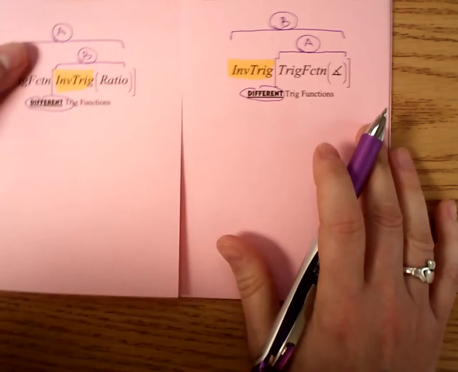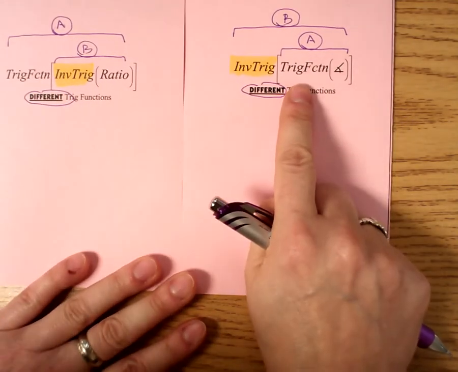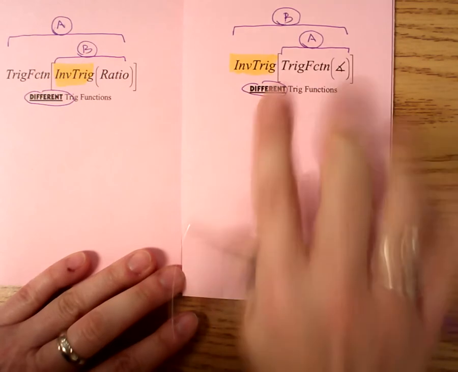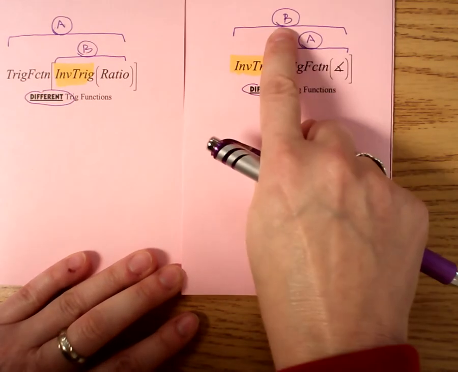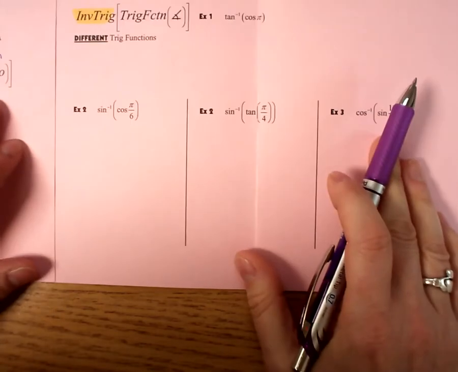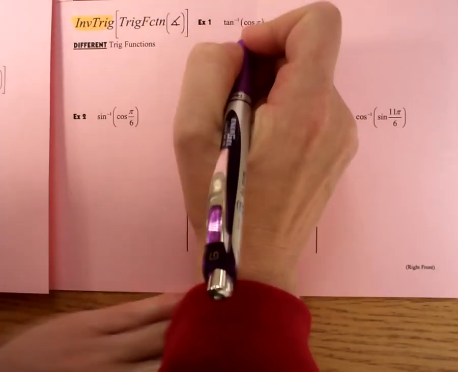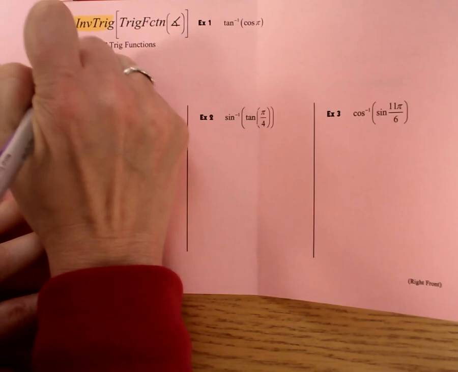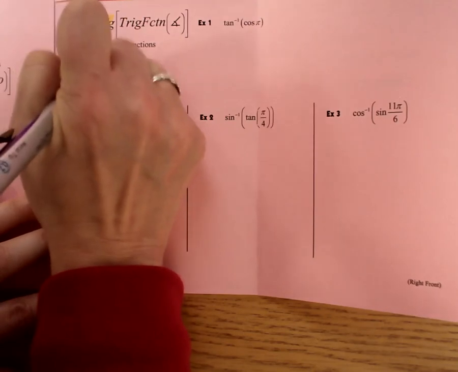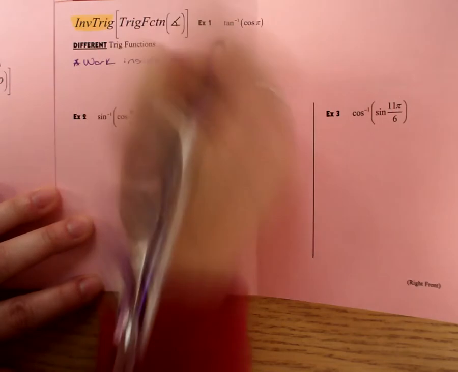So let's just start with the windows. Let's start with our right window here, evaluating A's on the inside, B's on the outside. So when I think about these, what I want to remember is that first of all, we are going to want to work inside out.